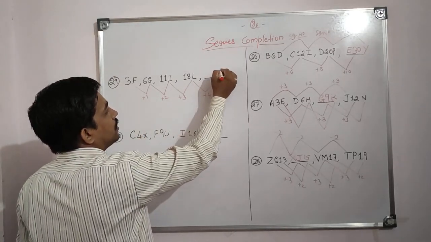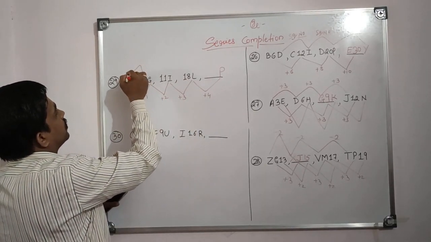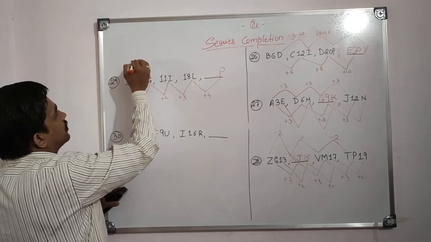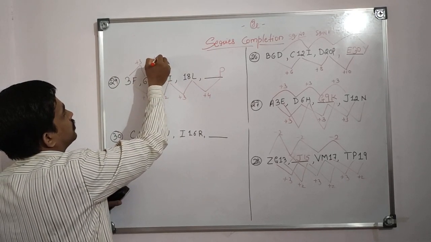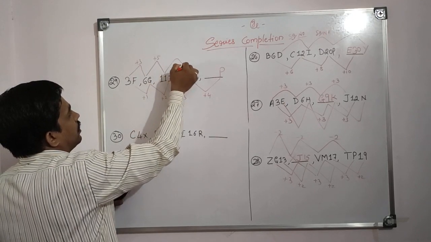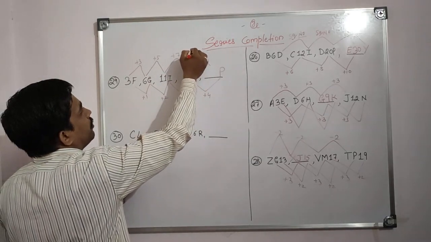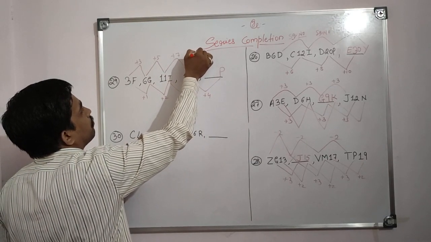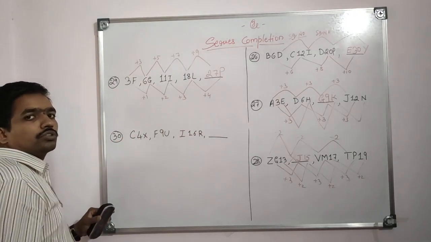The 16th letter is P. And then coming to the numbers, 3 plus 3 means 6, 6 plus 5 is 11, 11 plus 7 is 18. Now it should be 18 plus 9, which is 27. This is our pattern for this question.